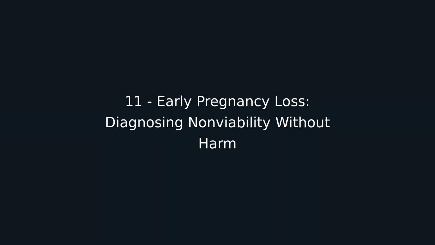ACOG cites clinically recognized loss rates of about 9 to 17% at ages 20 to 30, 20% at age 35, 40% at age 40, and 80% at age 45. Those numbers help with counseling. They also help residents avoid moralizing. Most early losses are biologic events, often chromosomal, not the result of routine activity, stress, exercise, or ordinary life.